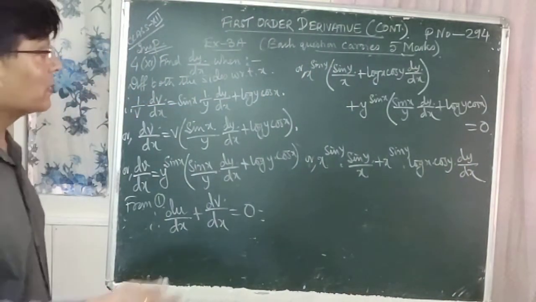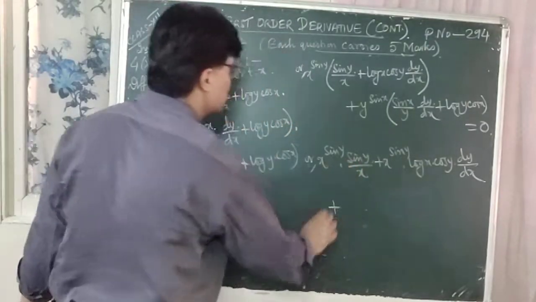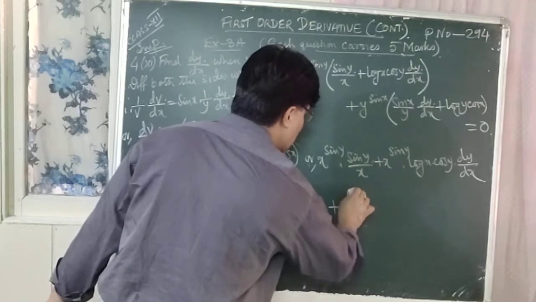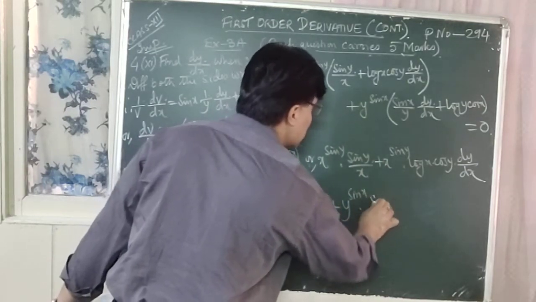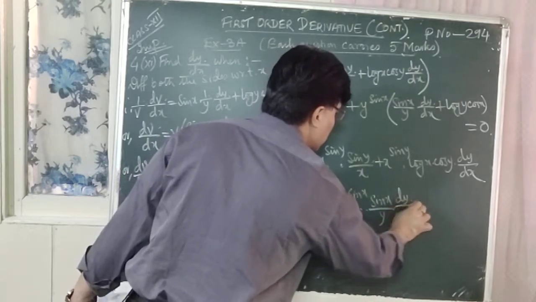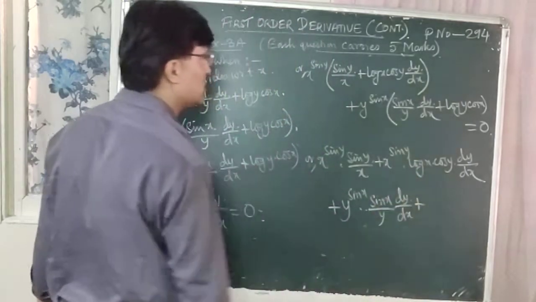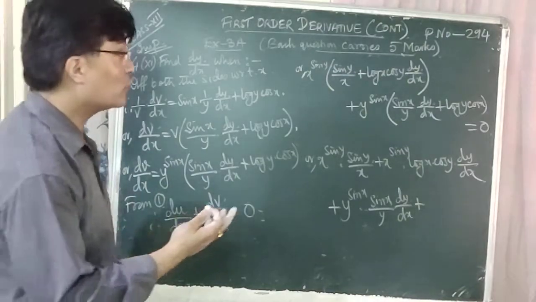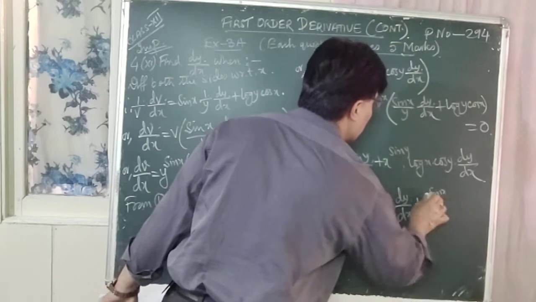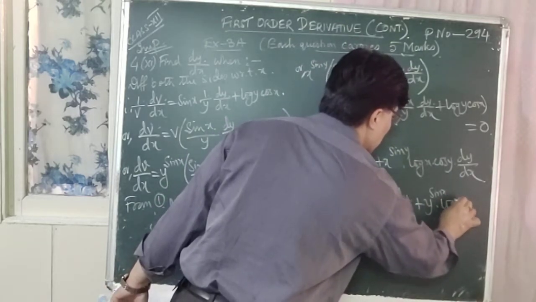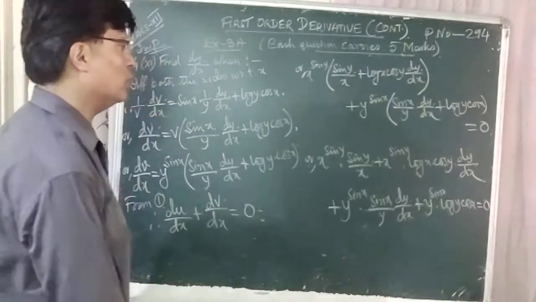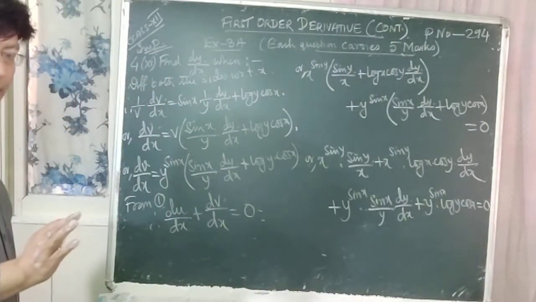Is that clear? Next, plus, multiply by y to the power sin x here. It is y to the power sin x into sin x by y into dy by dx plus y to the power sin x into log y cos x, which is equal to 0. So I think you have understood it.